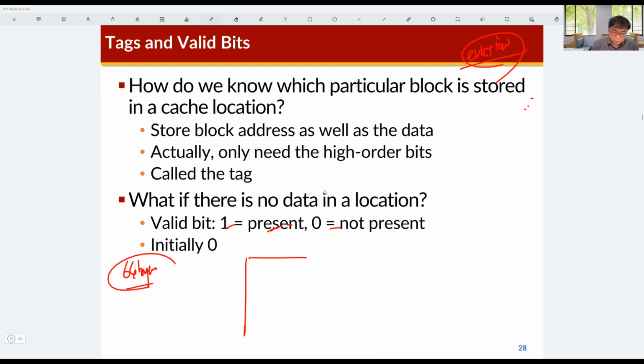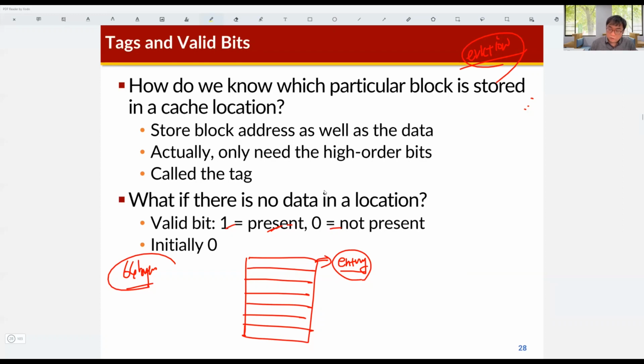Before I explain about the cache, I will explain the terminology of the cache. When I explain this cache, I mentioned this is the entry of the cache, but this entry is called the cache block or cache line.